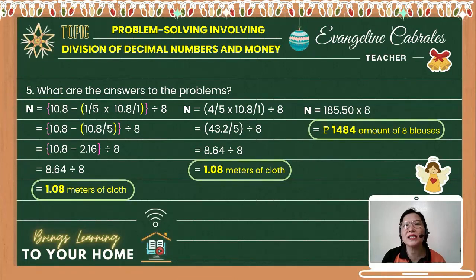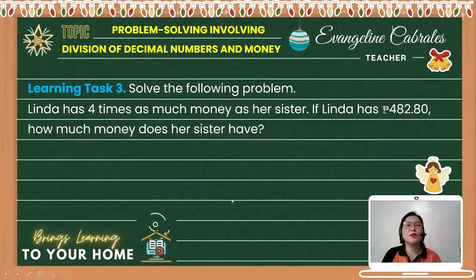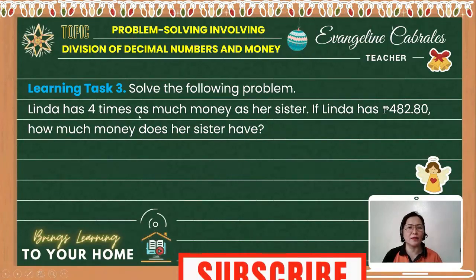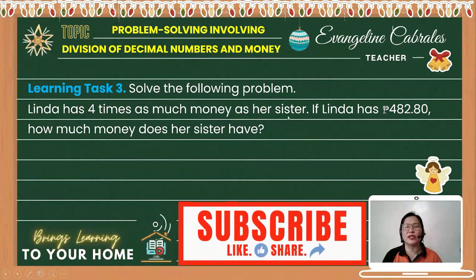Okay? Multi-step dahil hindi lang isang operation at hindi lang isa ang solution. Okay? Malinaw tayo doon? So, let's proceed to learning task 3. Solve the following problem. Linda has 4 times as much money as her sister.